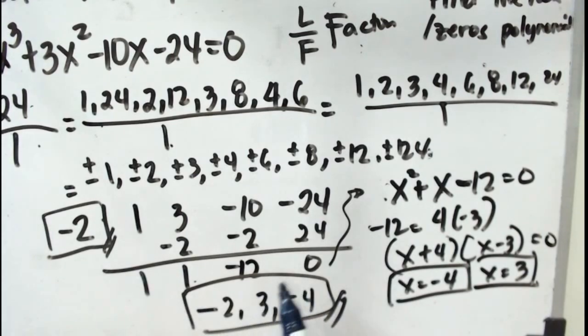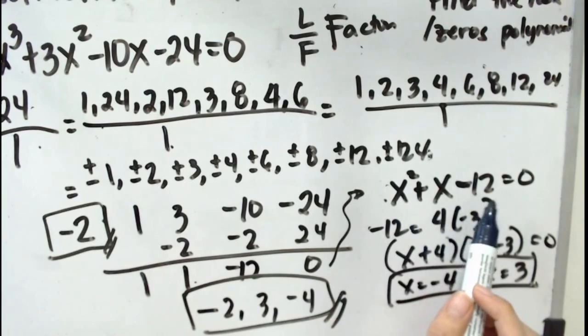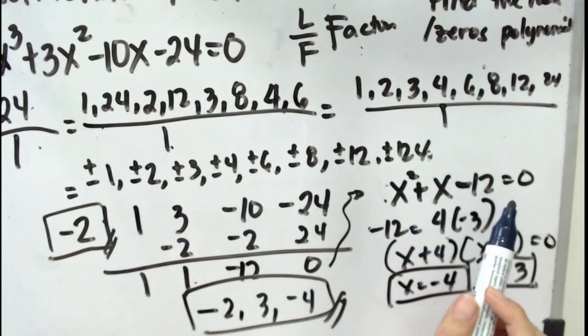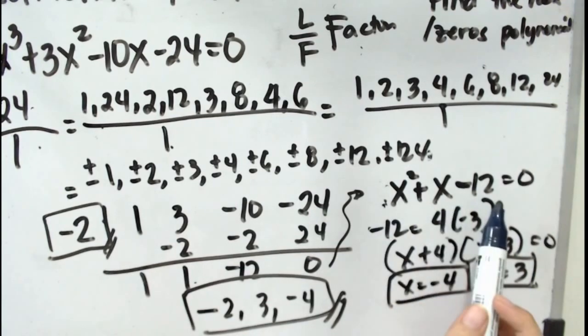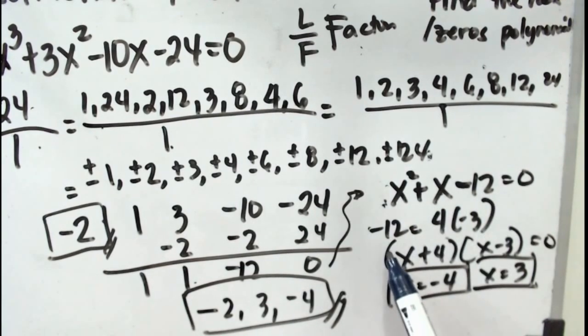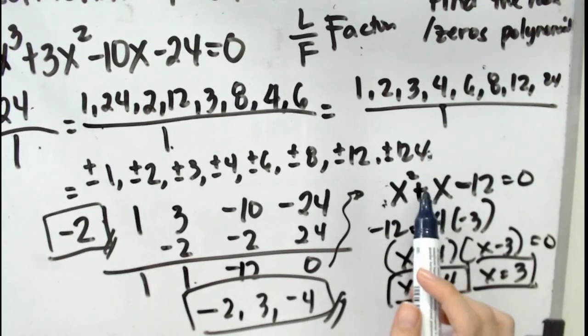Afterwards, we can now do the shortcut here because we already tackled finding the factors of a quadratic equation. So we have here x squared plus x minus 12. According to that video, if a is equal to 1, therefore we can just factor the last term, which is -12, such that if we combine, we're going to have +1.